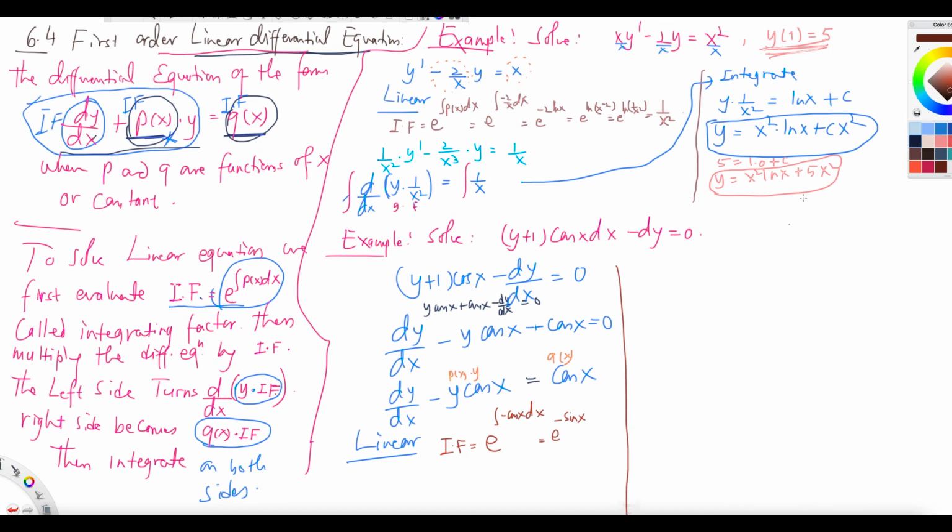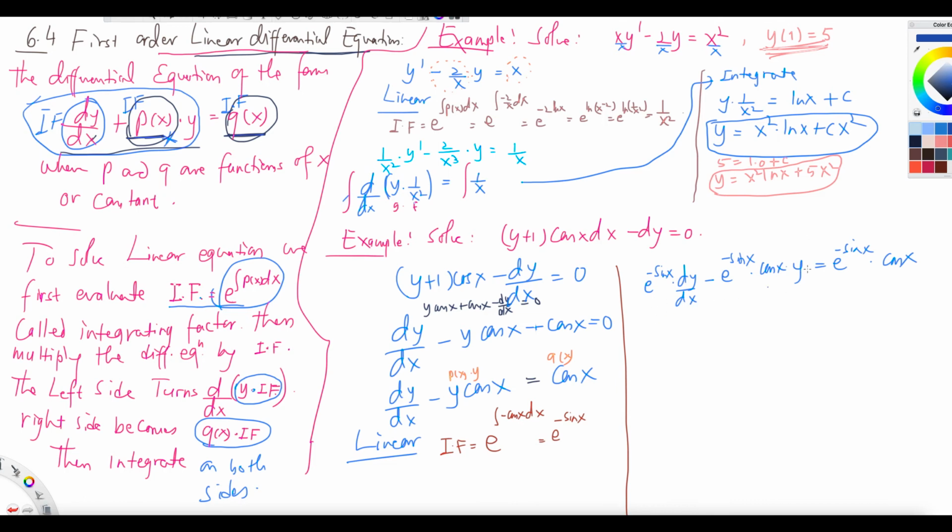Okay guys, let us do that. So that will look like e to the negative sine x times dy over dx, and then minus e to the negative sine x times cosine of x times y equals e to the negative sine x times cosine of x. That's what we got, right?